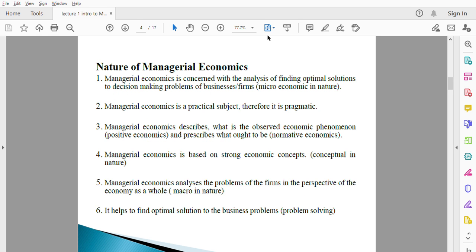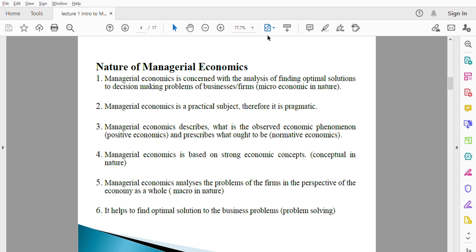Right. So let's look at the nature of managerial economics. First of all, managerial economics is concerned with the analysis of finding optimal solutions to decision-making problems of businesses or firms. So in this regard, managerial economics is microeconomic in nature.